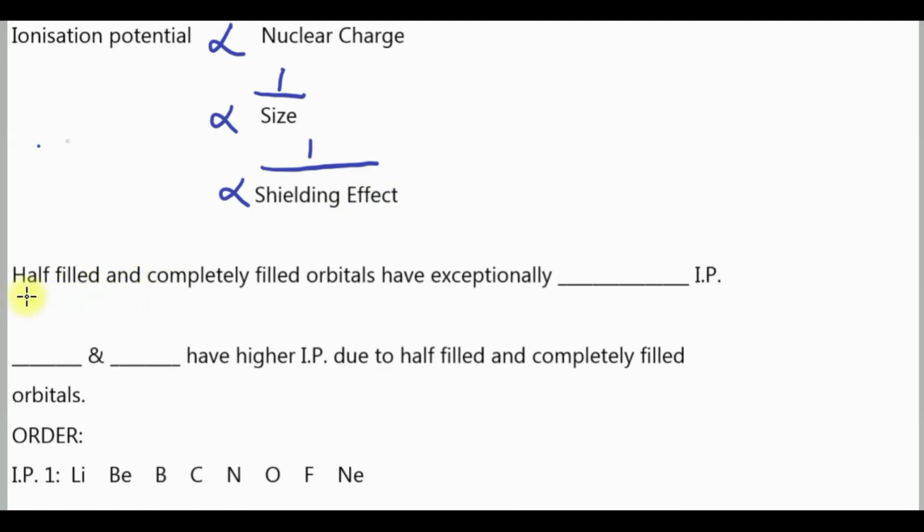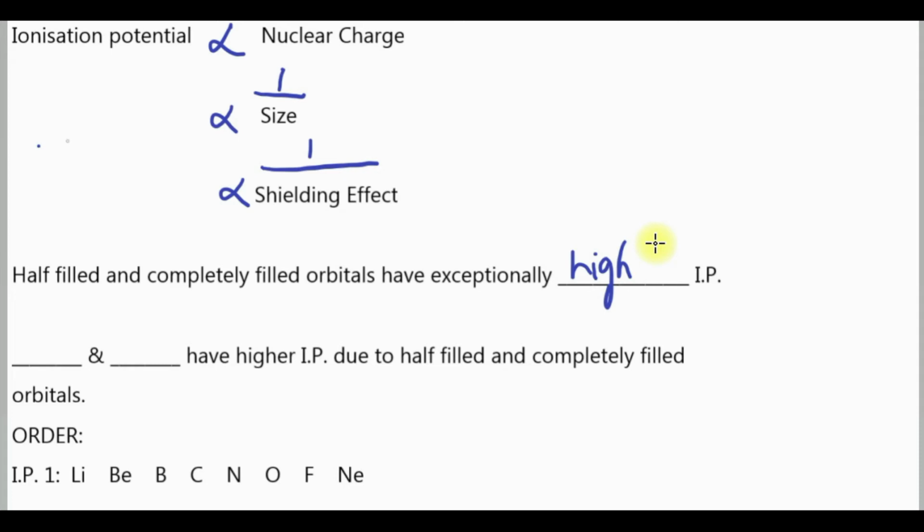You also have to know one more point to solve a question of this type, and that is half filled and completely filled orbitals have exceptionally high IP. Why do they have high ionization enthalpy or ionization potential? It is because these atoms are stable, since their orbitals are either half filled or completely filled.